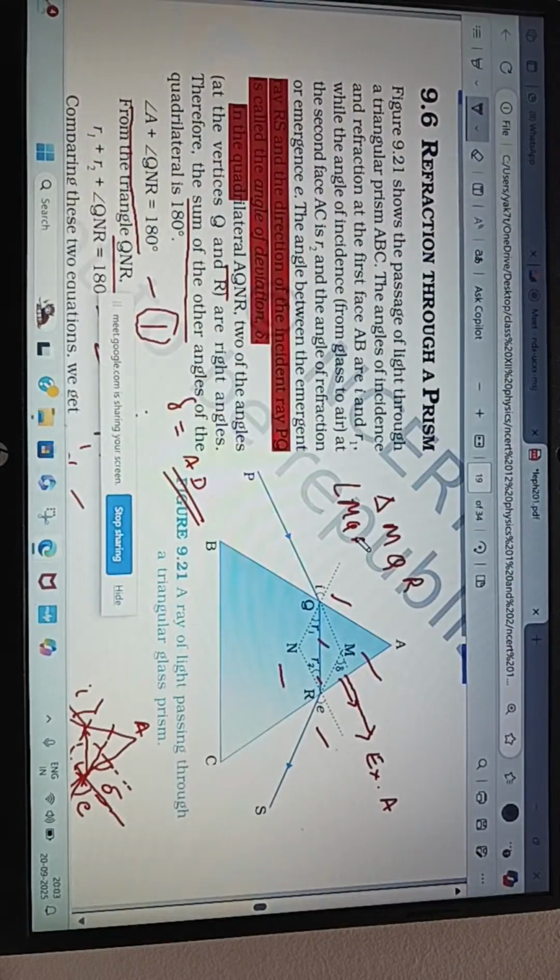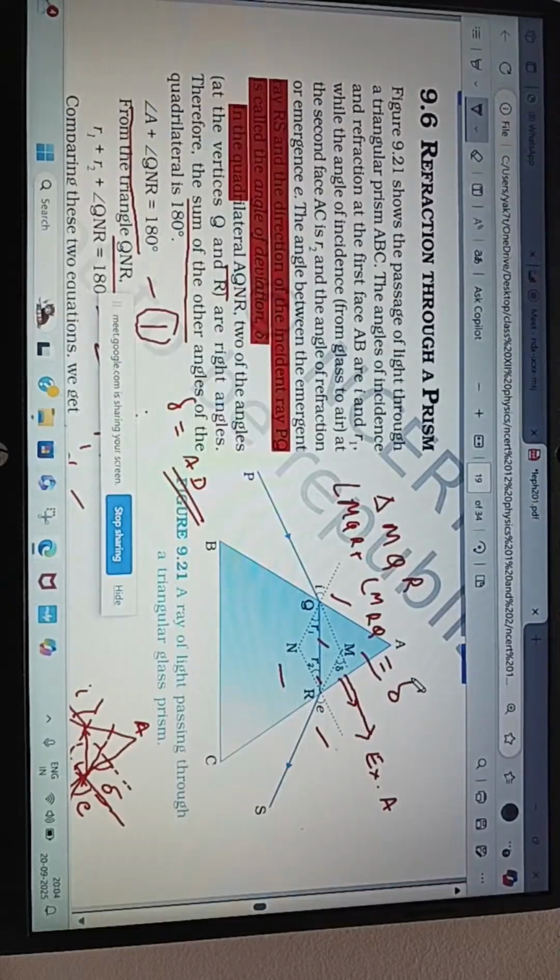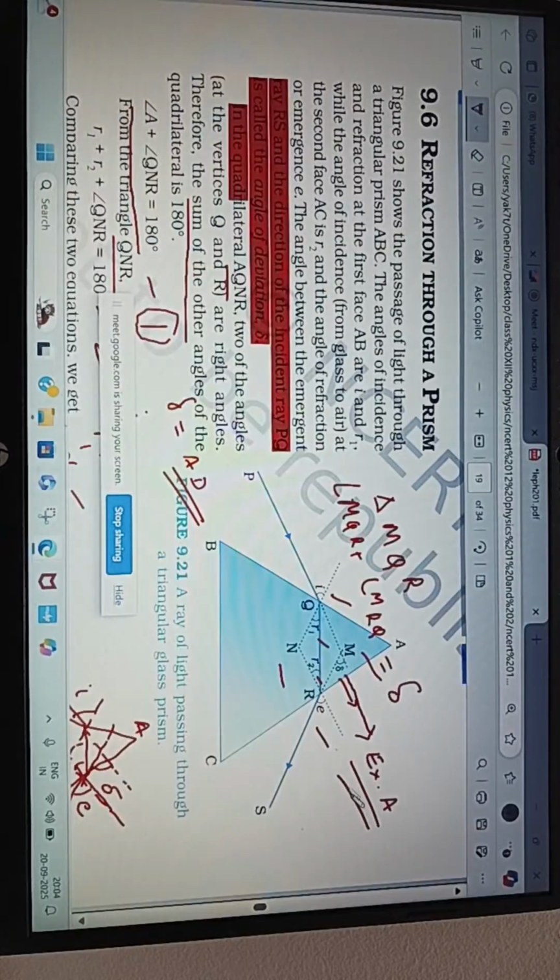Angle QMR, angle M. Angle MRQ, very good, is equal to delta. Why? Delta is the exterior angle of a triangle. Okay? What is MQR? This angle. How much, tell me?